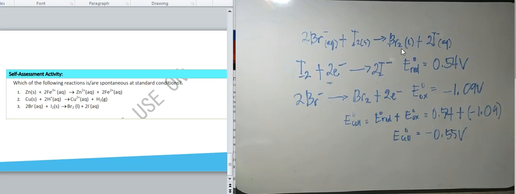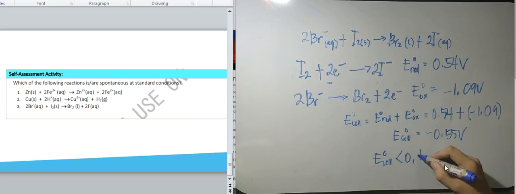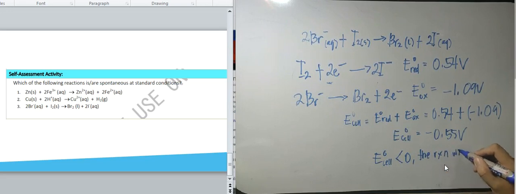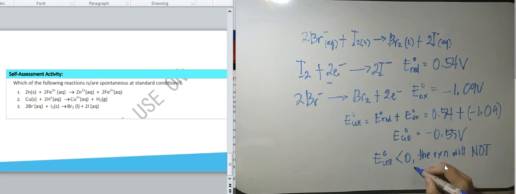And we can conclude that our cell potential is less than 0. So therefore the reaction will not occur at standard conditions.